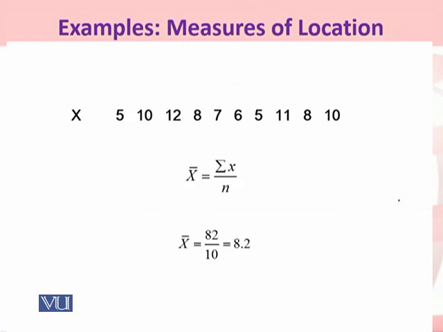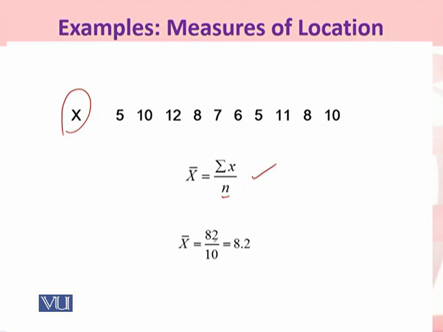Finally, we are going to talk about the arithmetic mean. That is also a kind of average. Students, we have data in the form of a variable X, in which these observations are visible. The formula to calculate the arithmetic mean is that we sum over the values and then divide by the total number of observations in the data.